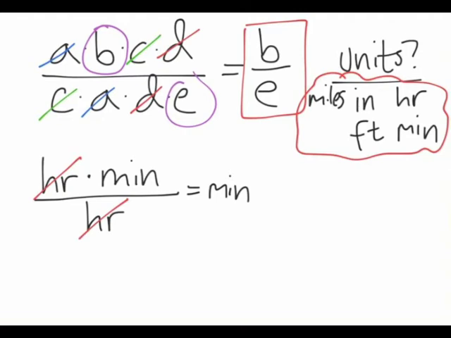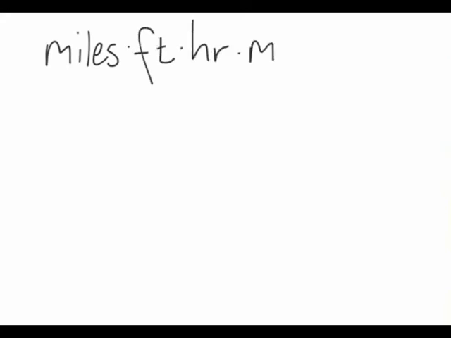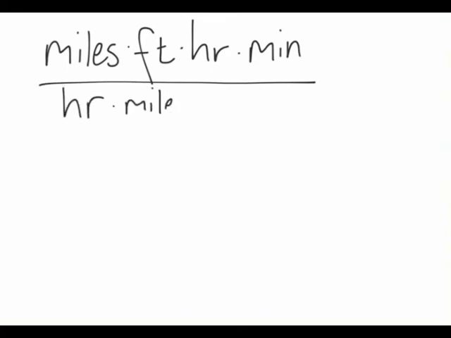Okay, let's try one more example of this. What happens if we have miles times feet times hours times minutes? Again, you're writing this down with me. Hours times miles, pause the video if you need to get your paper, times minutes times seconds. Whew, this looks like a nightmare, right?